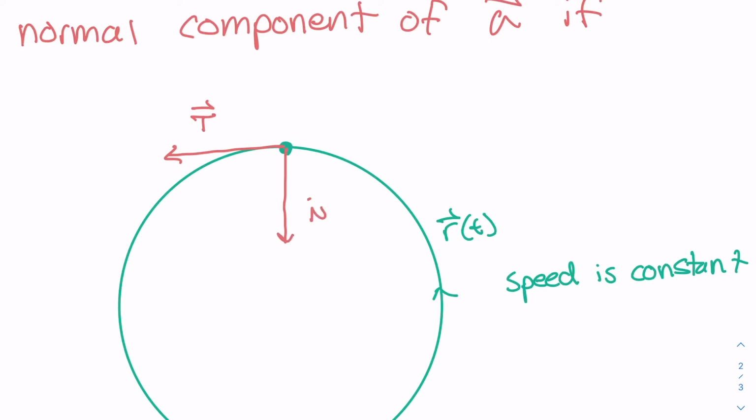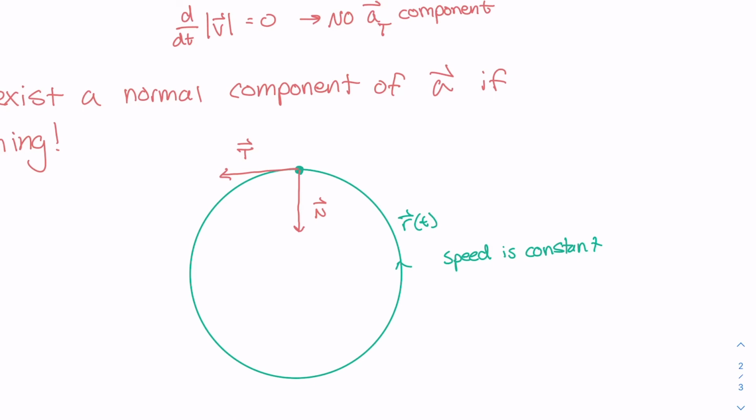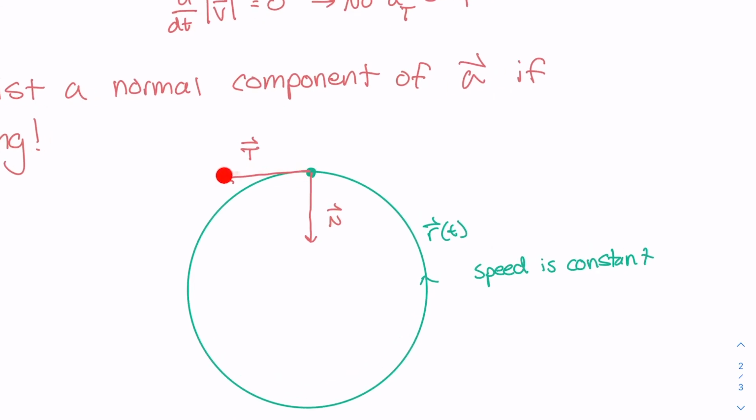and here's N. Then if speed is constant, then there's going to be no acceleration component in the tangential direction. But at every given point, T is pointing in a new direction, right? The velocity is constantly changing, even though its magnitude isn't. So because the direction of velocity is changing, there is some acceleration causing that change in velocity.